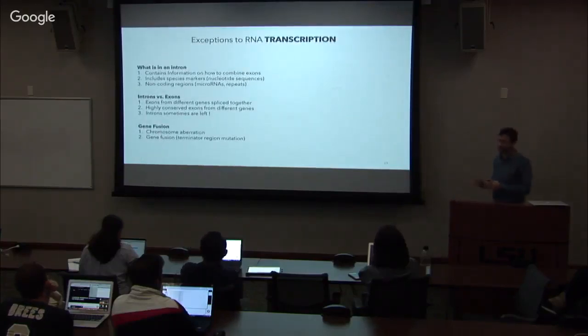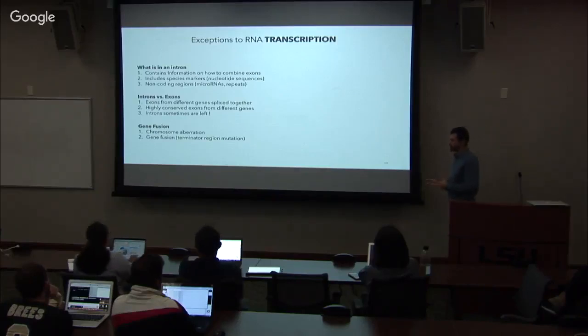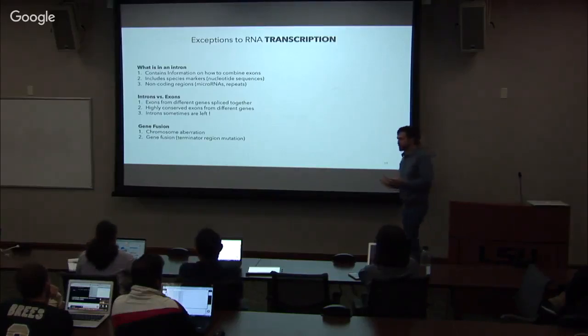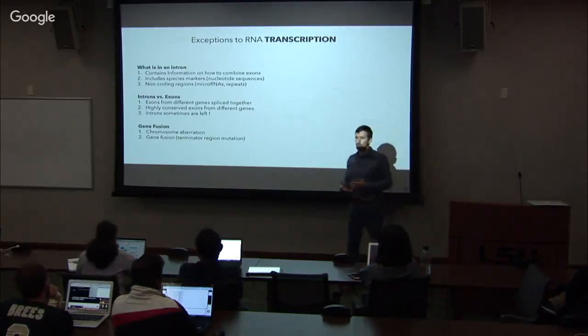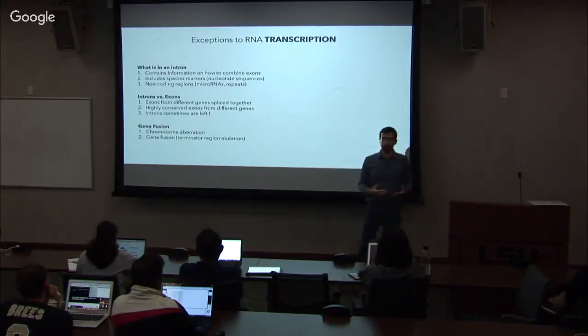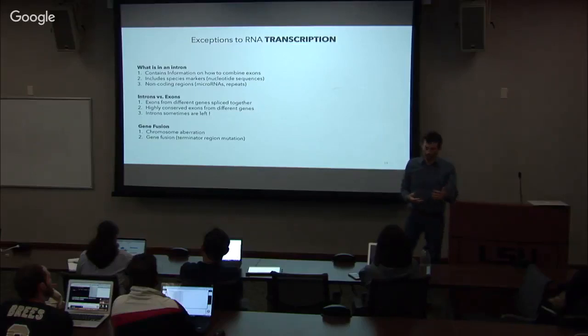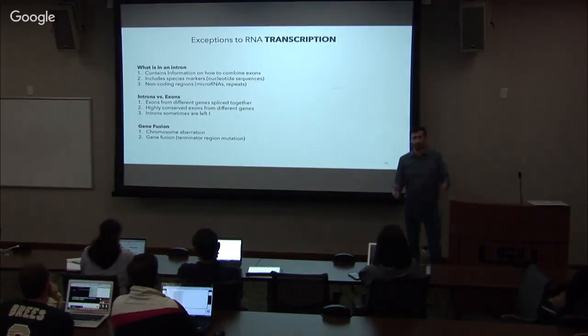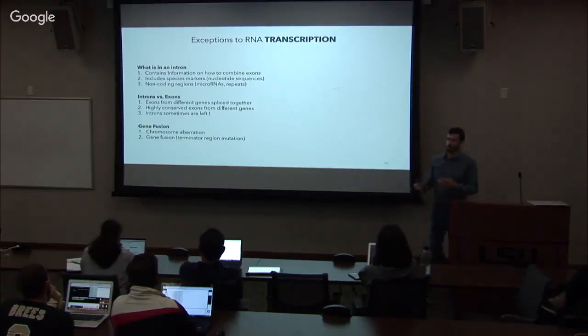Now, there are some exceptions to remember here, and this relates to the strategies that we rely on when we do our study. So if you are looking at known genes and known transcripts, you're really interested in just reads that fall into one of those known regions. But that's not always going to be the case. So real biology is much more complex than how we document it.